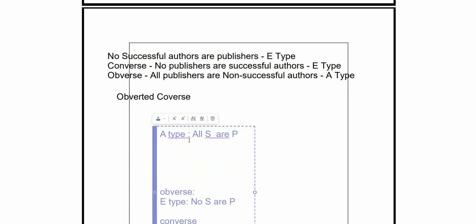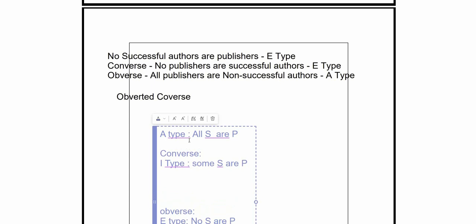So in obverted converse, we start with converse first. The converse of A type, you already know, is I type. That is some S are P. Okay, and then we do the obverse of the converse of the previous one.